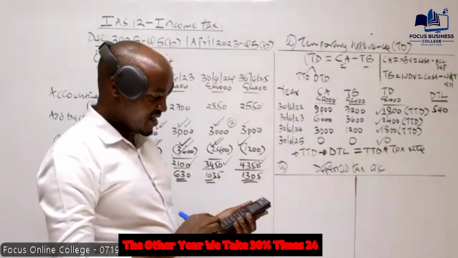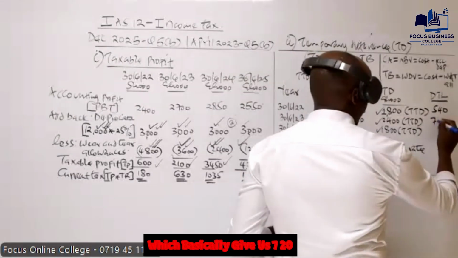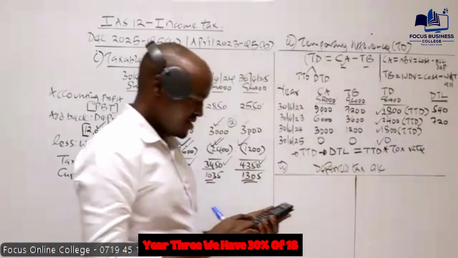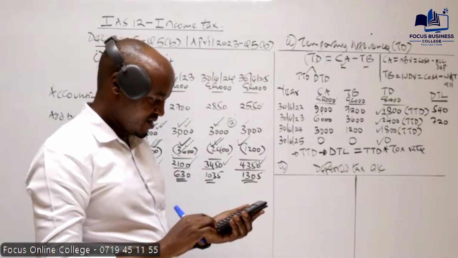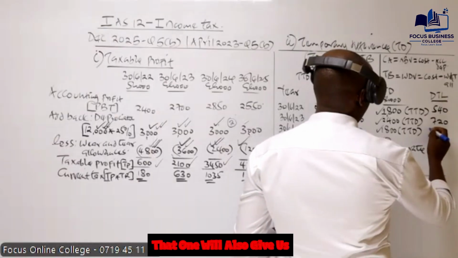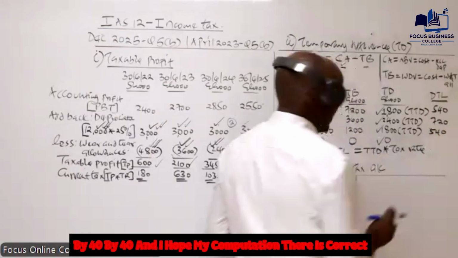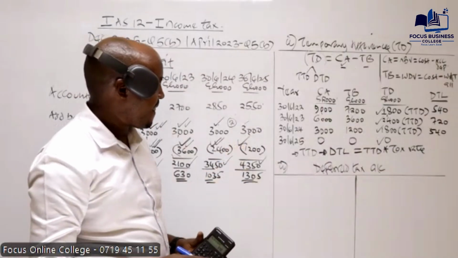The other year we take 30% times 2,400, which basically gives us 720. Year 3, we have 30% of 1,800, and basically that will also give us 540, and I hope my computation there is correct.